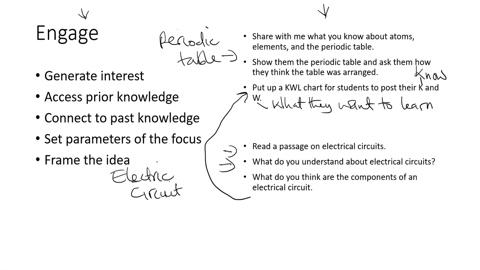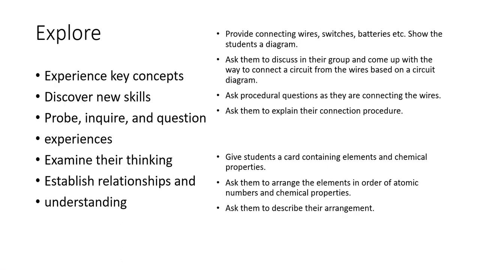Now, after you have done all those engage parts, then you go to explore. Here, you deal with key concepts, things that you want them to learn in your class. If there are new skills, you discover them. You do a lot of probing. The experiences, exploration is the experiences they are going to face in your class.